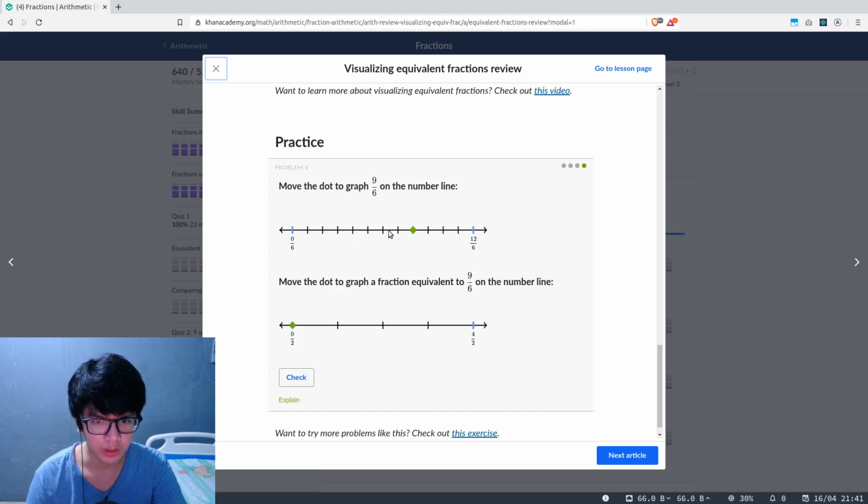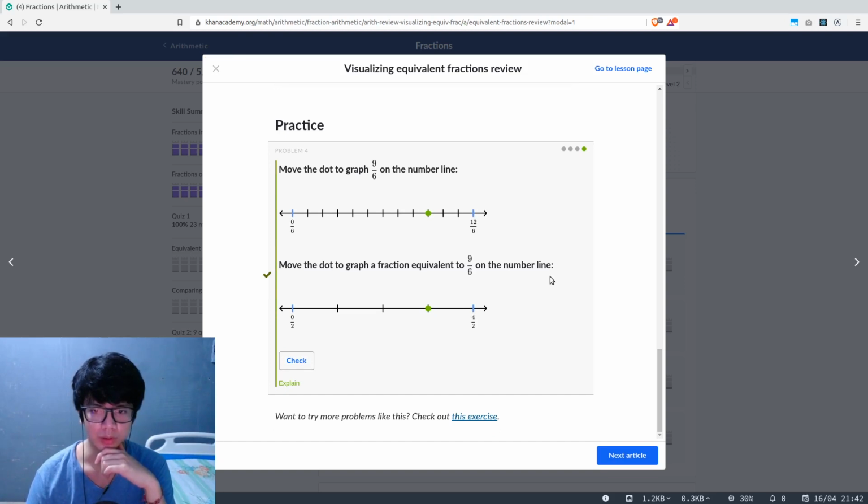Where's the 6 divider? This is the 6. It's going to be 9. Move the dot to graph a fraction equal to 9 on the number line. Oh, this one's pretty hard.